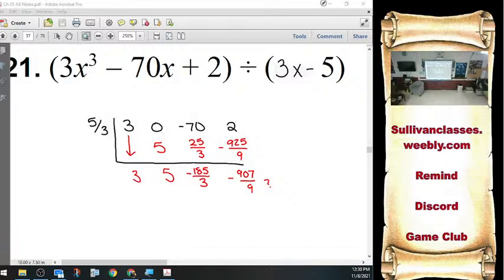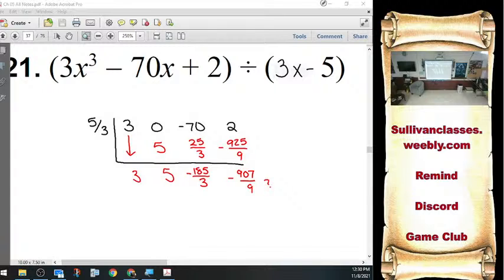I think I got it. That's what I got from my remainder. Yeah, it's a mess, but it's way too small right here. Okay, right here you were correct. That's what I got when I did that.